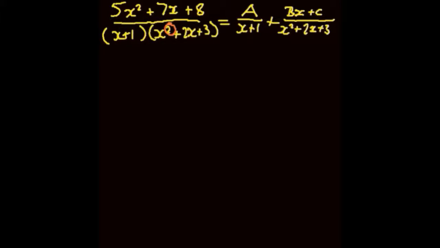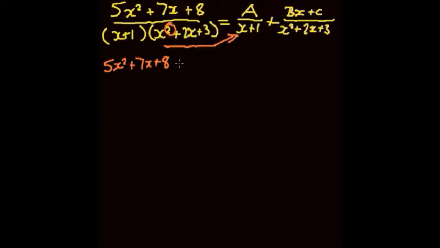So the first thing I want to do to simplify this is to multiply this bottom out into this side here, which will flatten this equation, and the result will be 5x squared plus 7x plus 8.